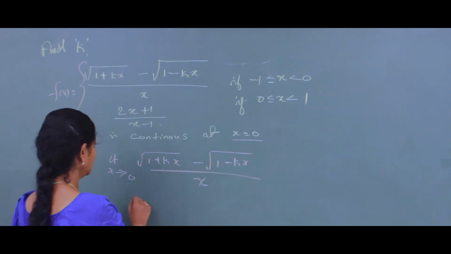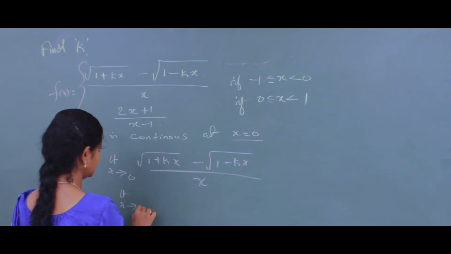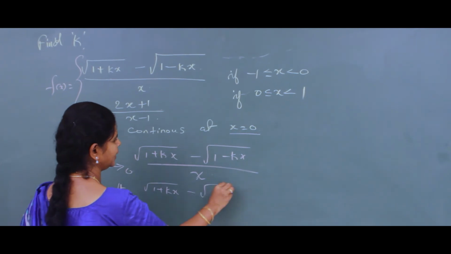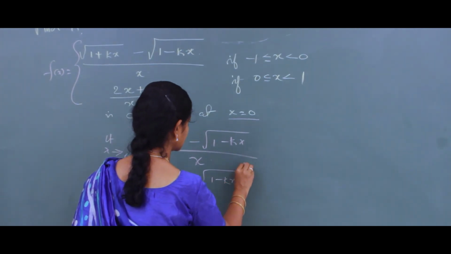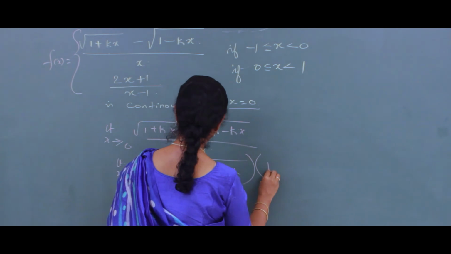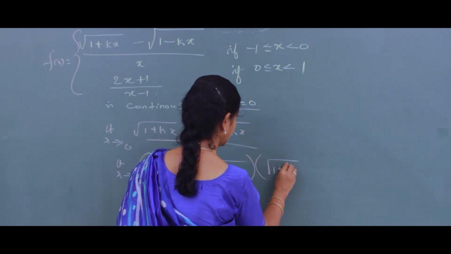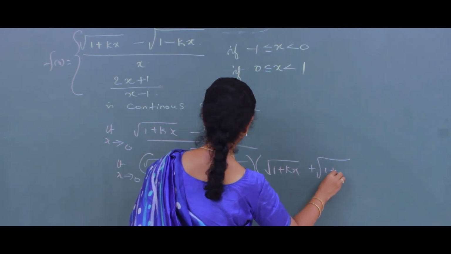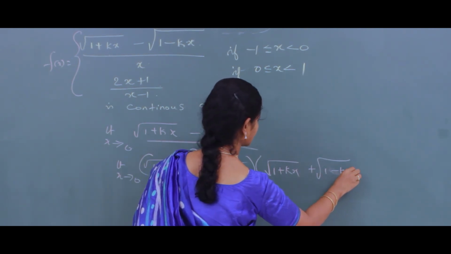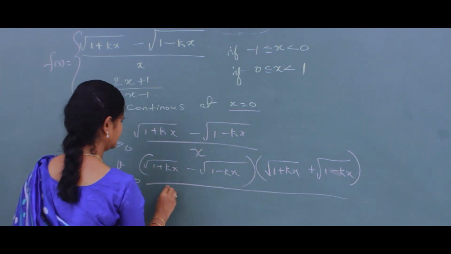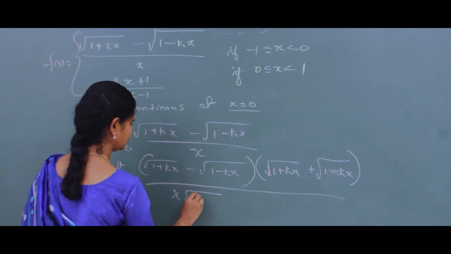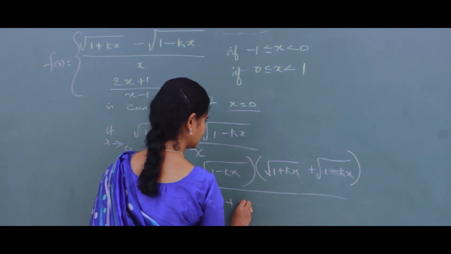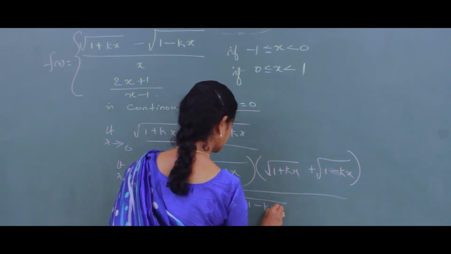So limit x tends to 0, multiplying and dividing by the conjugate, square root of 1 plus kx plus square root of 1 minus kx, divided by x into square root of 1 plus kx plus square root of 1 minus kx.